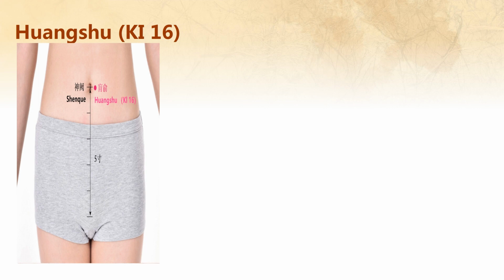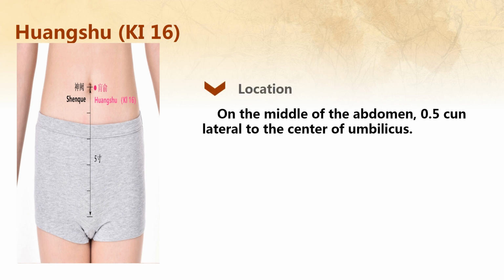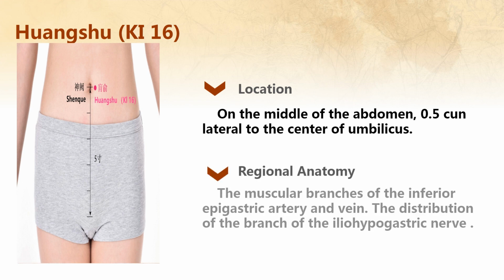The fifth point is 肓俞. The acupoint is located in the middle of the abdomen, 0.5 寸 lateral to the center of umbilicus. The location of this acupoint contains the muscular branch of the inferior epigastric artery and the vein, the distribution of the branch of the iliohypogastric nerve.